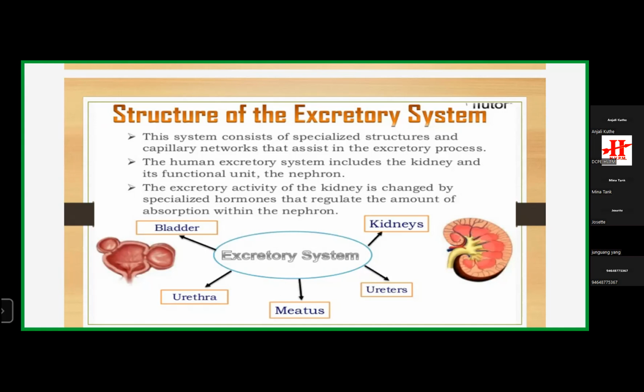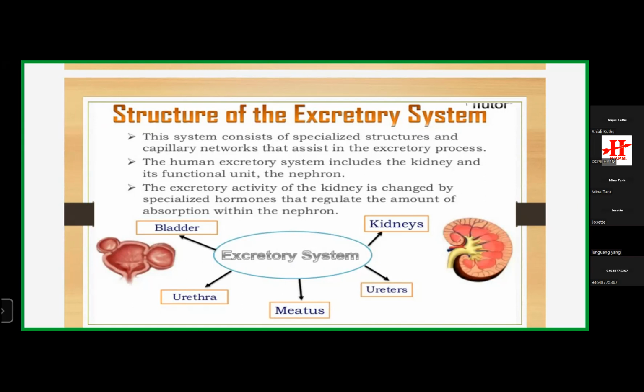This is the pair of kidneys lying on the posterior abdominal wall, but the left kidney is at the level of T12 to L3. Note the point, T12 to L3 is the location of the kidney, but the right kidney lies somewhat at the lower side. Why?